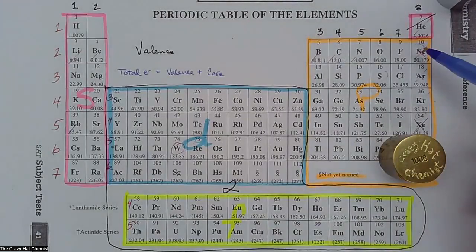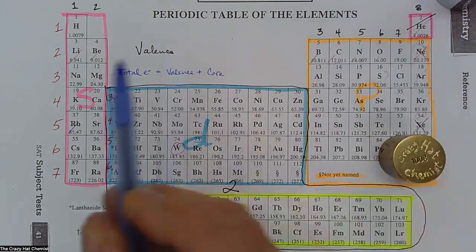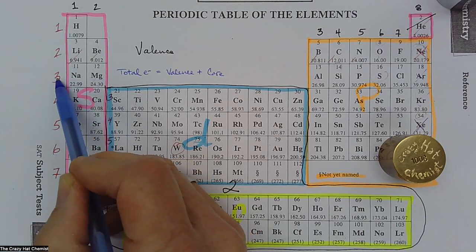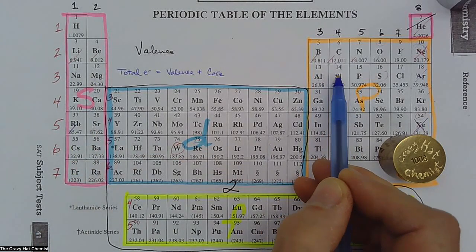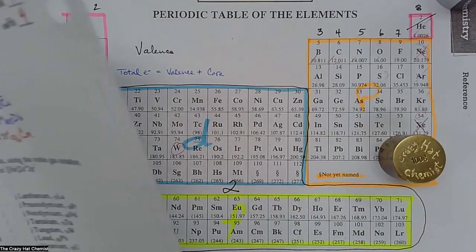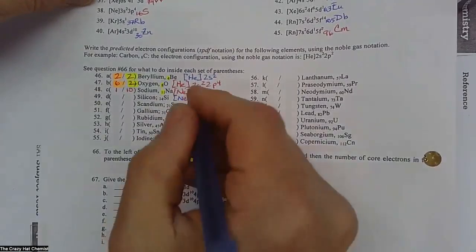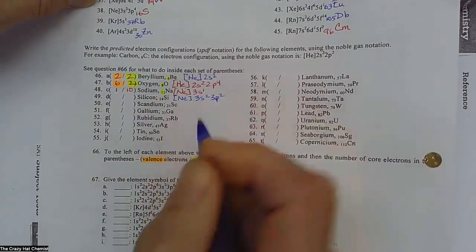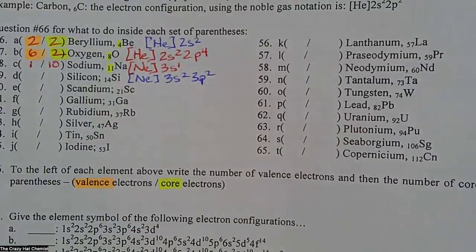And then we will count after that to find silicon. So that neon is element number 10. So we find number 11. That's a 3s2. Then it's a 3p2. So 3s2, 3p2. I'll zoom in on that so you can see that clearly.